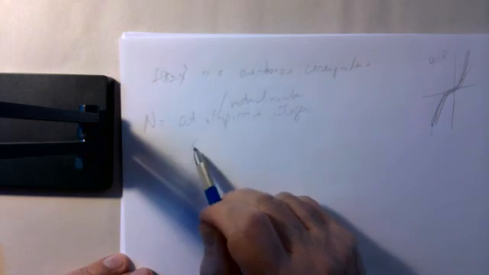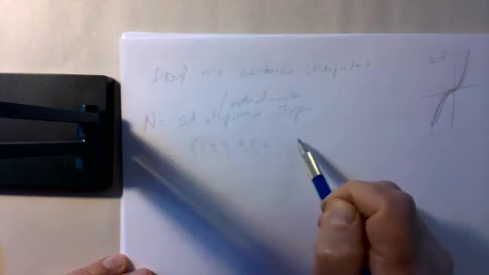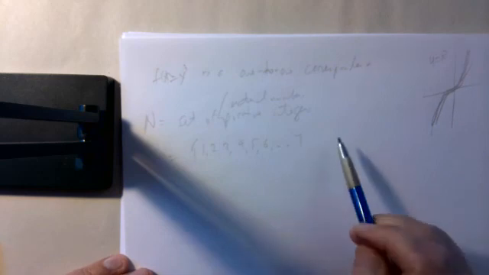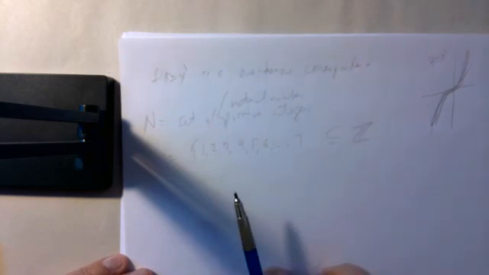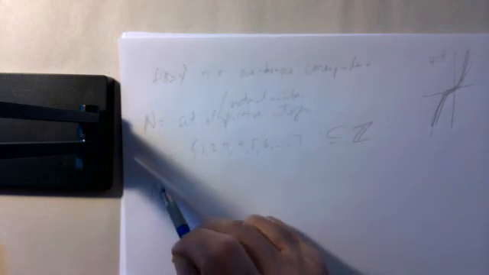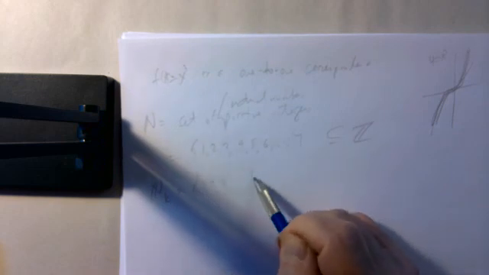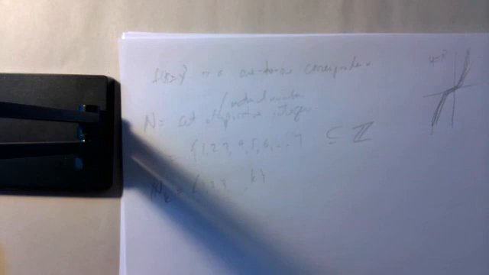So this is the set of the positive integers, 1, 2, 3, 4, 5, 6, and so on forever. So this is a subset of the set of all integers. And N sub k is just the set of the first k integers.